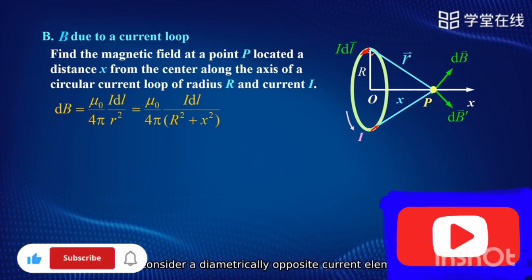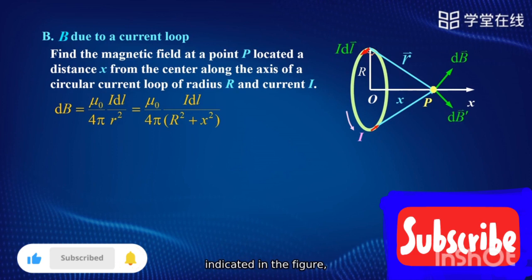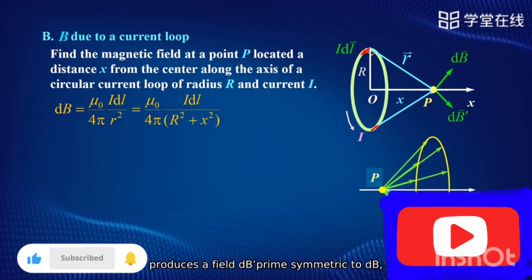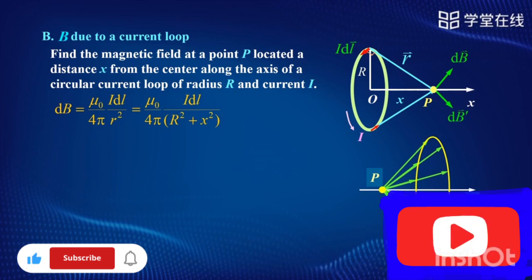We consider diametrically opposite current elements indicated in the figure, which produce a field dB prime symmetric to dB.